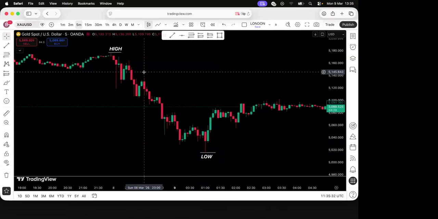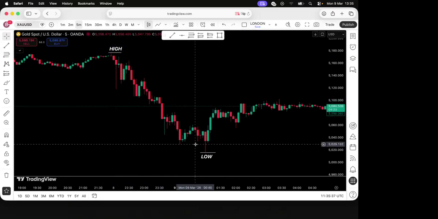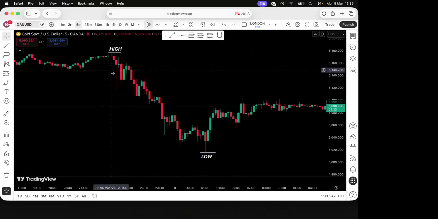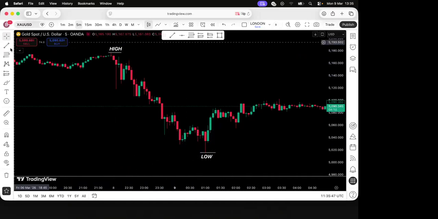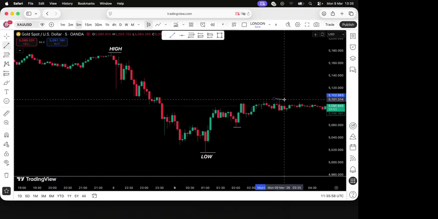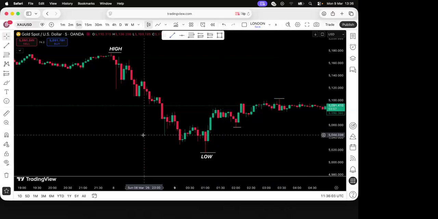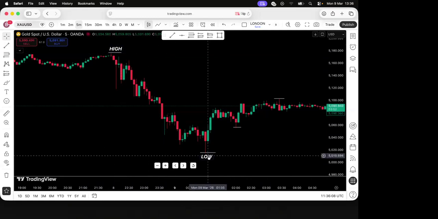Now you've successfully identified a high and a low, so you've identified a range from high to low. Let's move across. We've got another low here, and another high here. Very simple. That is how to identify highs and lows in the markets.